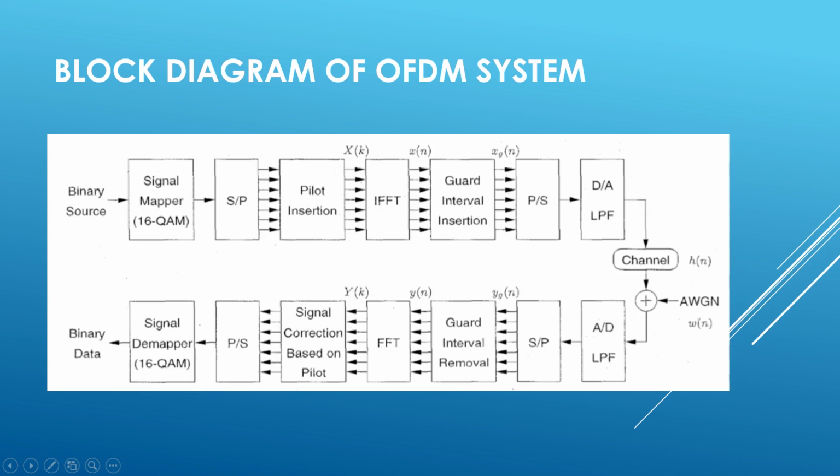So that is the fast Fourier transform. And then this is followed by a signal correction based on pilot, and once the parallel signal is out of the demodulator, a parallel to serial conversion takes place, and the output is taken out to a signal demapper. So this is the basic working of an OFDM system.